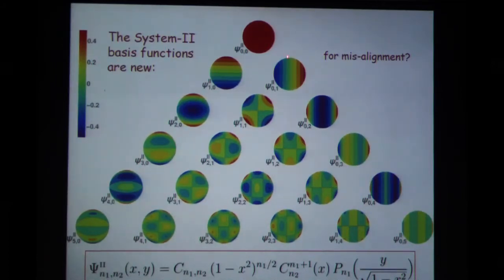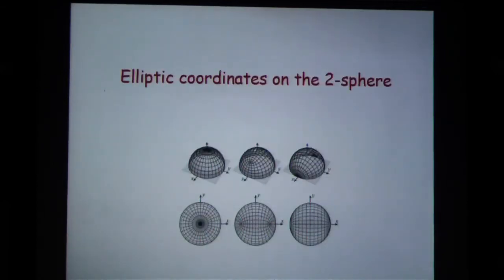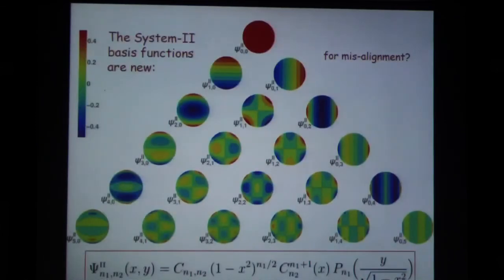So these are the ones for misalignment, and well, the general expression looks like this. And the quantum numbers of angular momentum are there. See? What are we seeing in those plots?